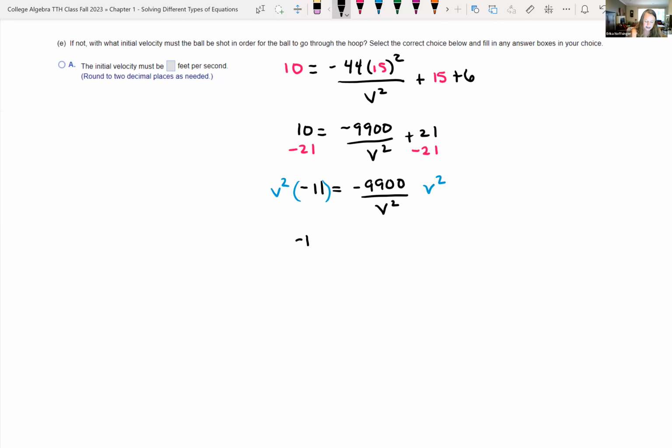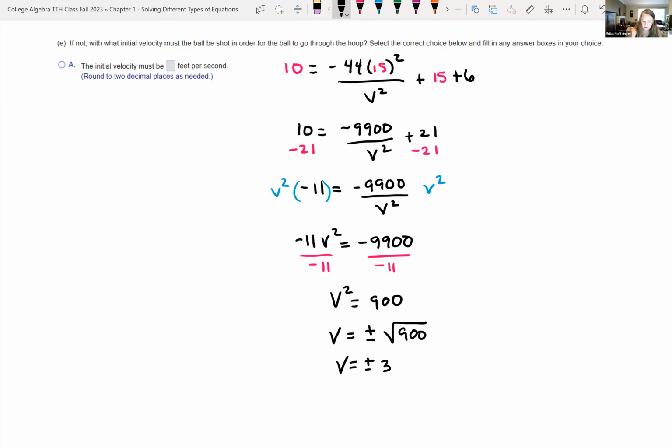So we would get negative 11 V squared is equal to negative 9,900. Let's divide both sides by negative 11 to isolate the V squared. Doing so, we get V squared is equal to 900. So take the square root of both sides. So we get V is equal to plus or minus 30.